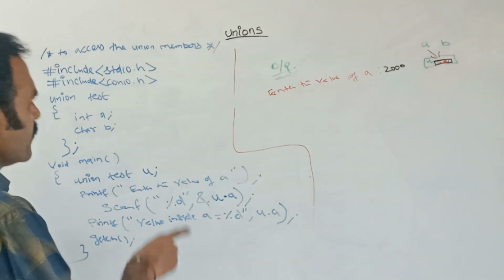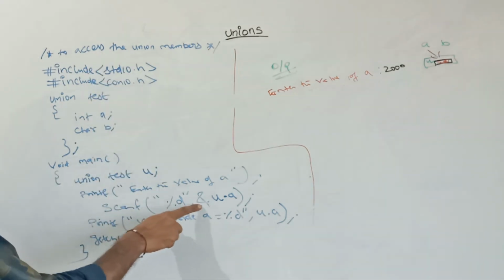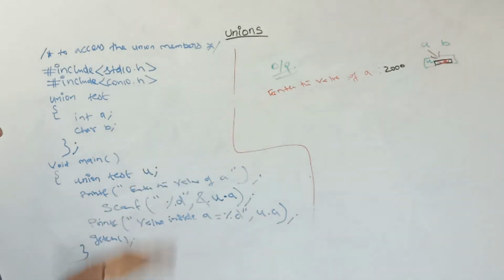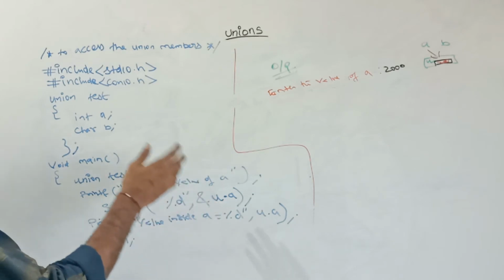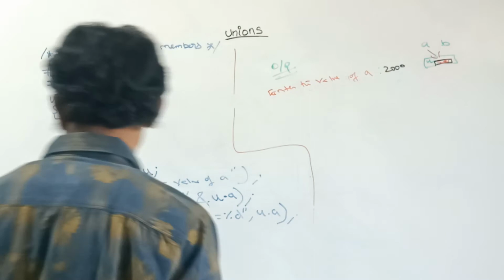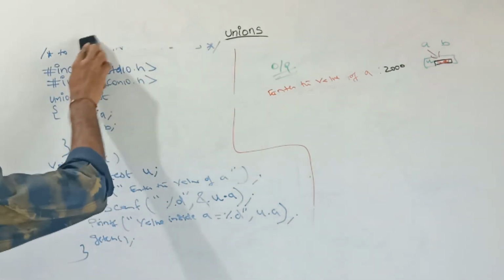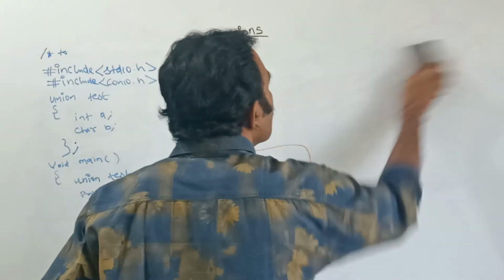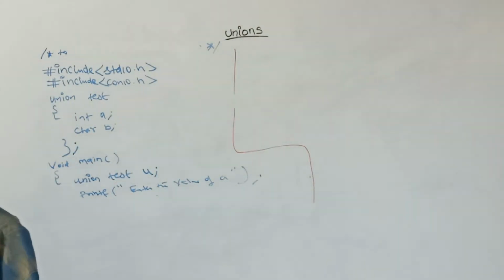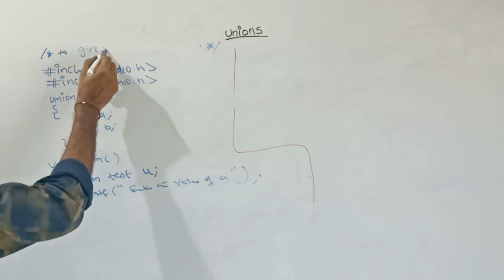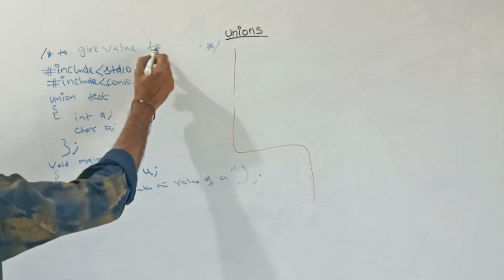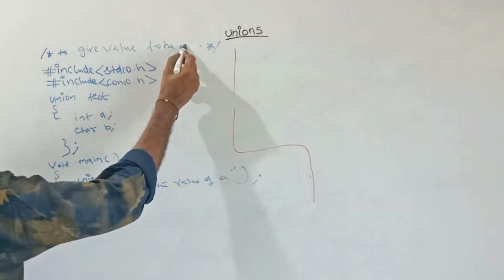Next, here we can access the union members like this. Giving the input with U dot A, and for printing also, as with a structure, each and every time we should mention the dot operator next to the union member. See here, this illustrates how to give the value to the members.